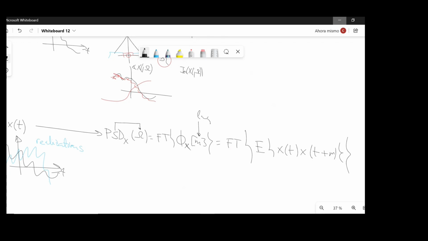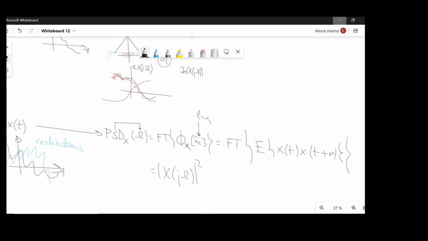What if my signal is deterministic? So I don't have realizations. Every time I look at it, I get the same signal. Then this is simpler. This is simply the magnitude of X of j omega, squared. So you do the Fourier transform of your signal, you take the amplitude and you square it. And it depends on frequency.